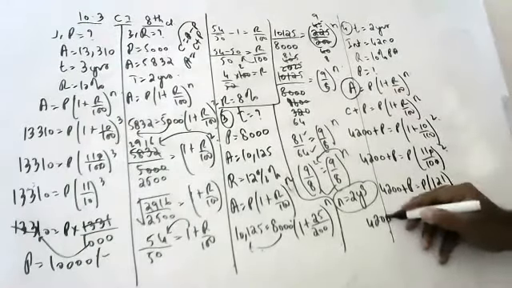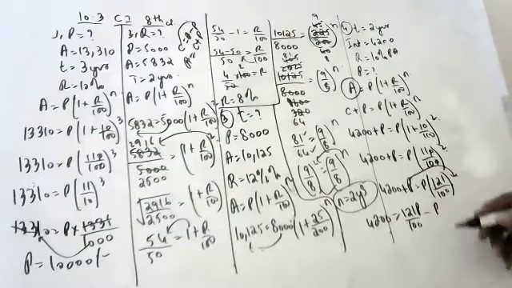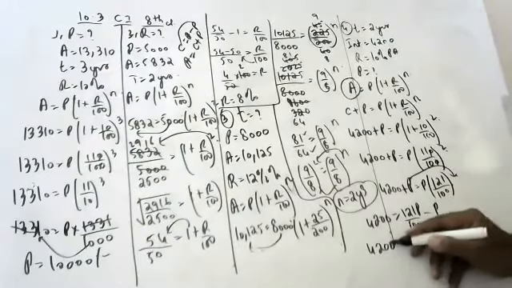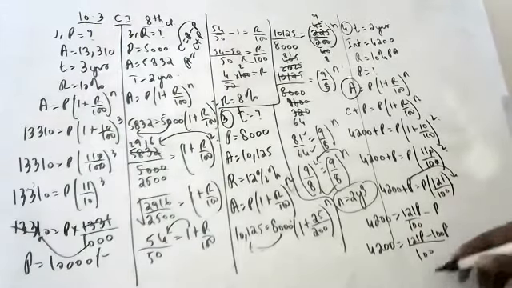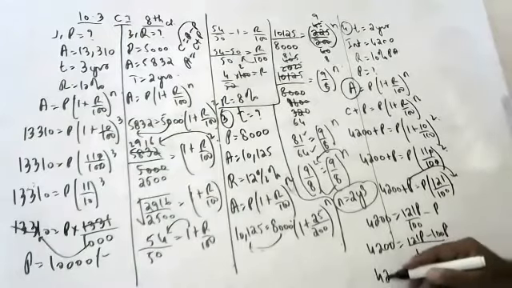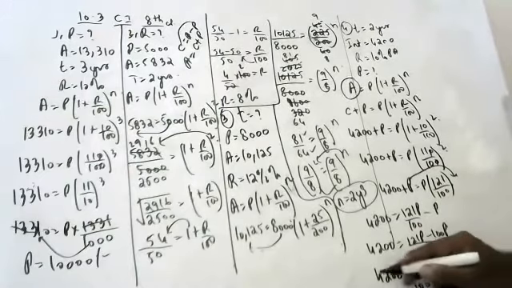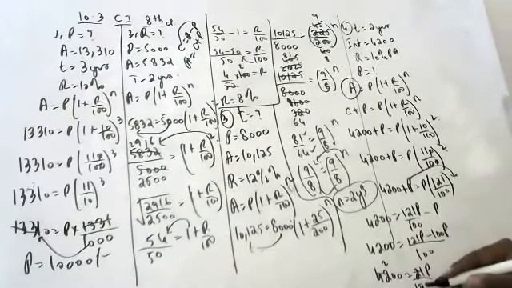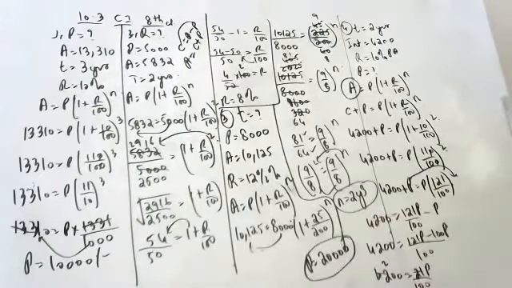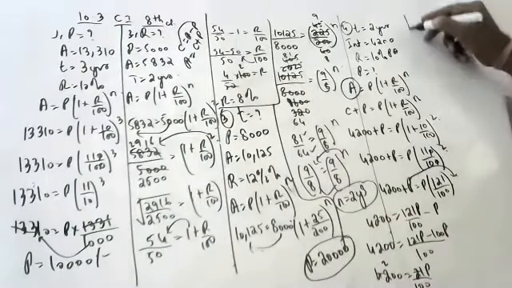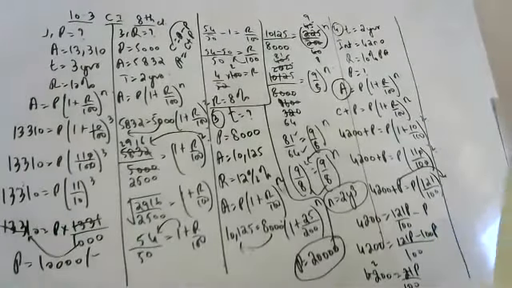Bring P here: 4,200 is equal to 121P by 100 minus P. 100 is the LCM, so 121P minus 100P. 4,200 is equal to 21P by 100. Zeros cancel. 21 twos are 42, so 200 into 100. 20,000 rupees is the amount she borrowed. Understood?